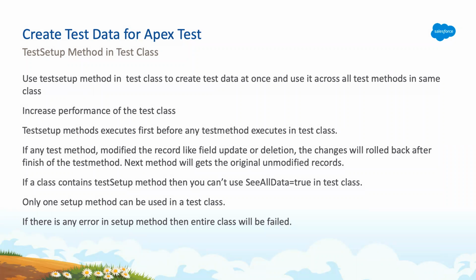We can use the TestSetup method to create a common set of data across all the test methods in the same test class, which means it will reduce the data creation time in each and every test method.